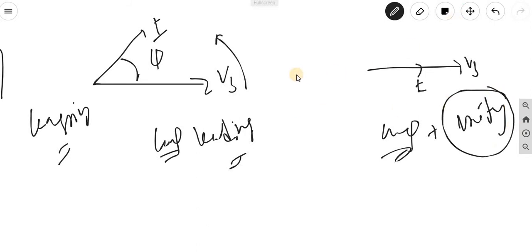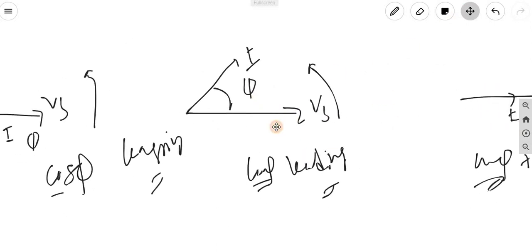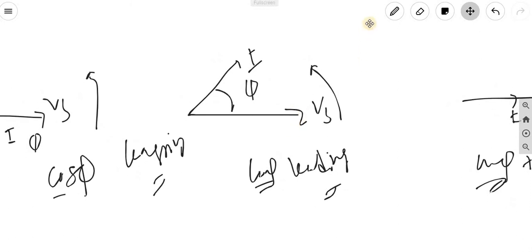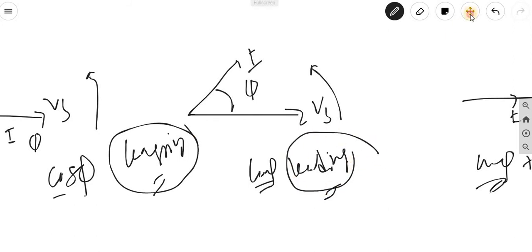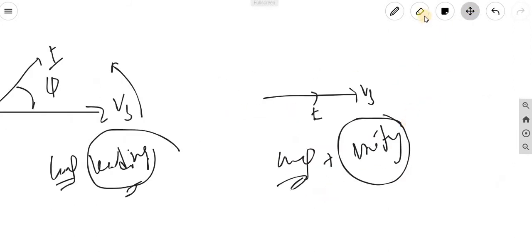So in a power factor presentation, you definitely have to mention the power factor as either leading or lagging, or unity.